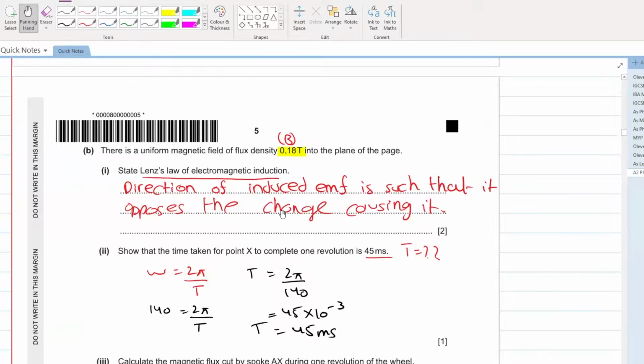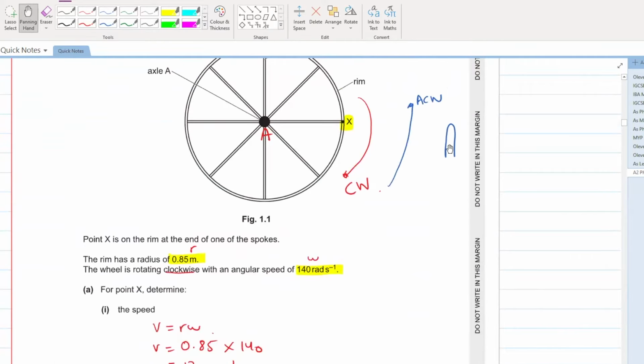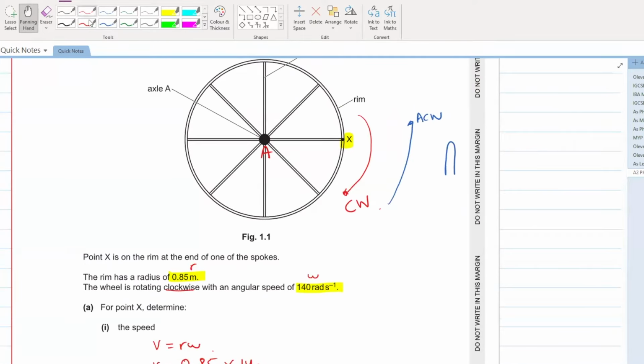There is a uniform magnetic flux density. What is the important word here? Into the plane of the paper. So your force is acting upwards and you have a magnetic field into the paper like this.